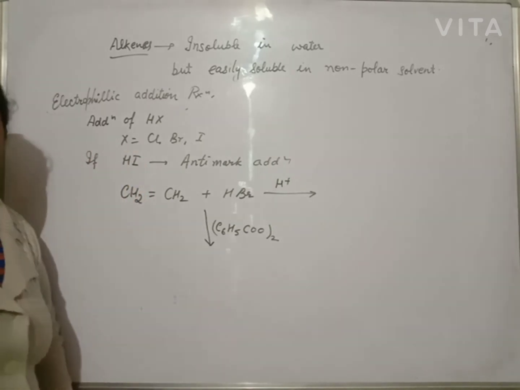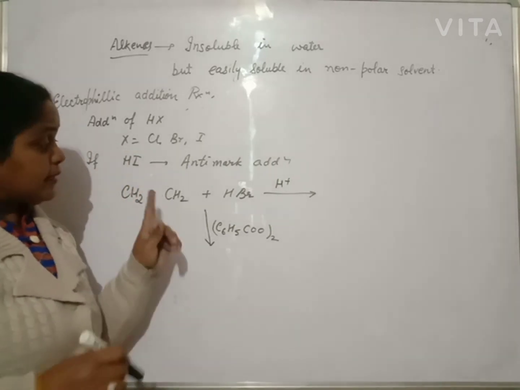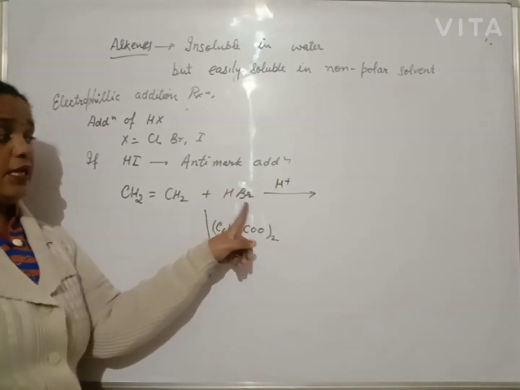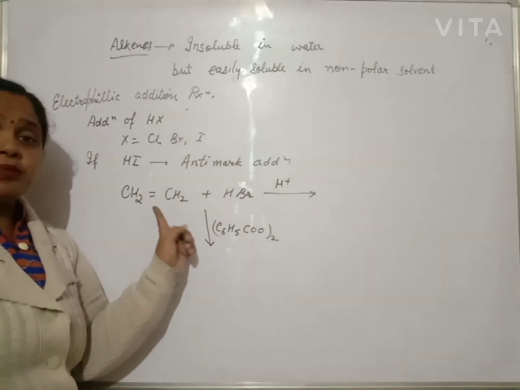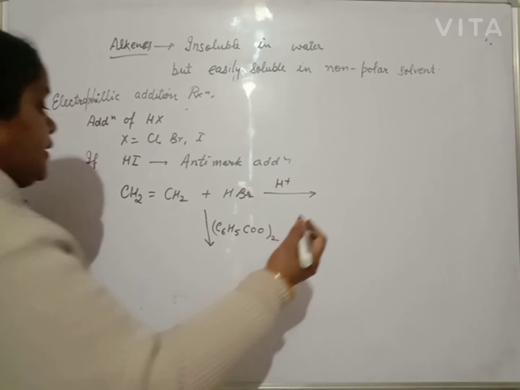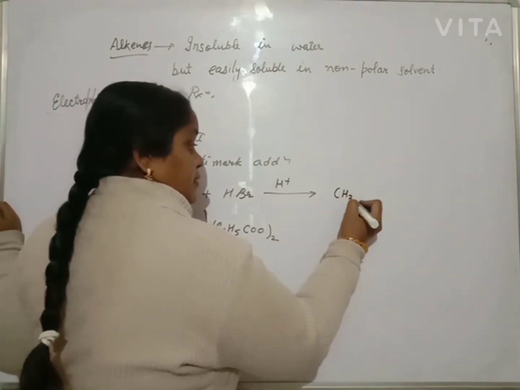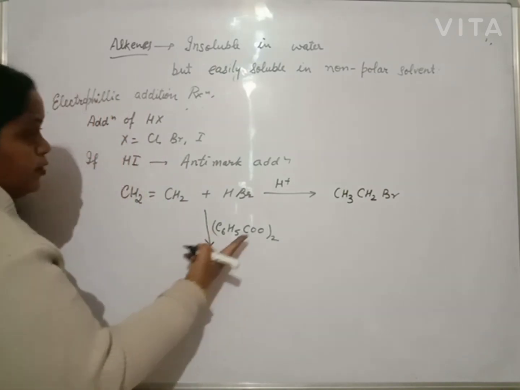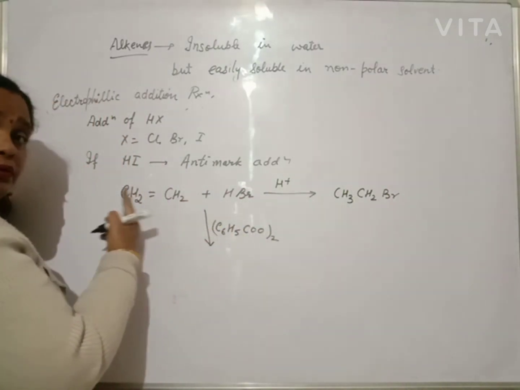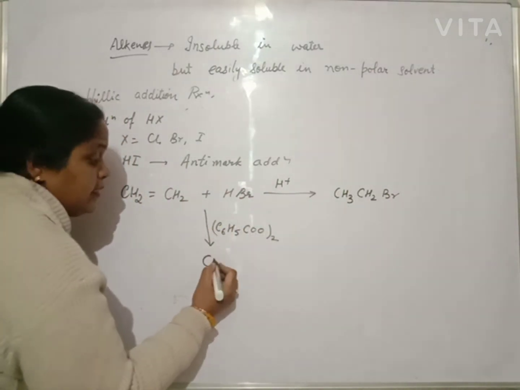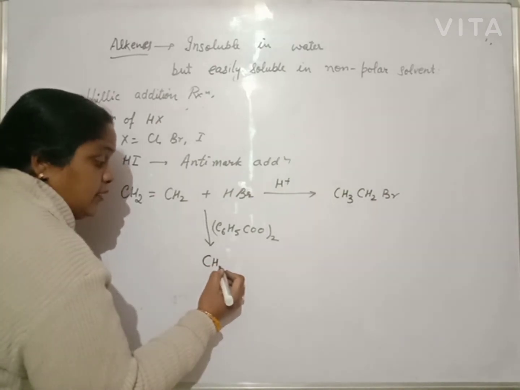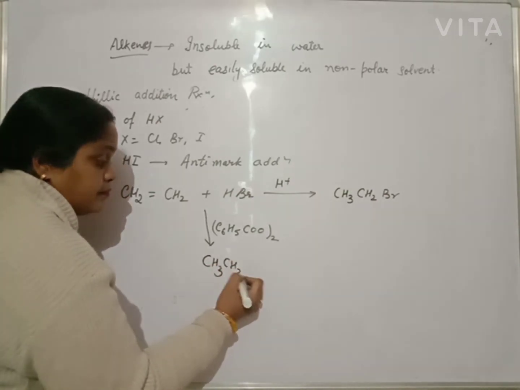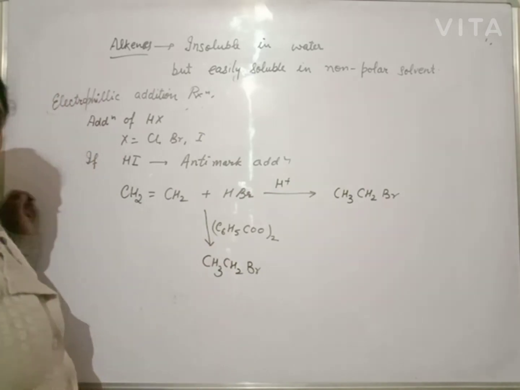Markovnikov or anti-Markovnikov rule is applicable for an unsymmetrical alkene and unsymmetrical reagent. Here the alkene is symmetrical, so the product is the same. We have bromoethane. Either bromine moves to the first carbon or the second carbon, the naming is the same, beta, because it is symmetrical in nature. None of the rules is applicable.